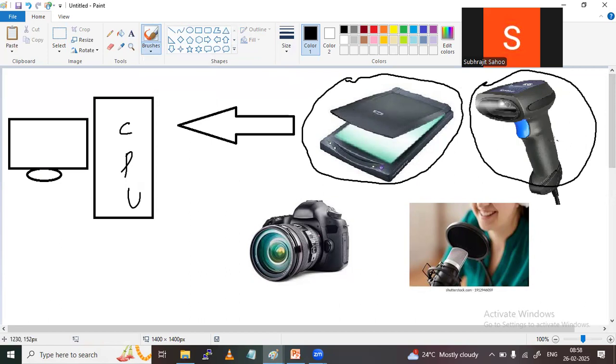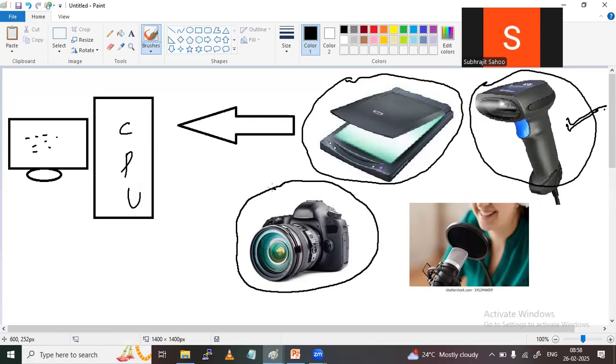While they are scanning, the CPU immediately processes it, and the information is printed on the computer screen. How does this happen? Because of this input unit only. So this is also an input unit, right? Now coming to the camera. The camera is also an input unit. Why? Because it takes your pictures and sends them to the computer, and through the computer we are able to print them, right? This is also an input unit.